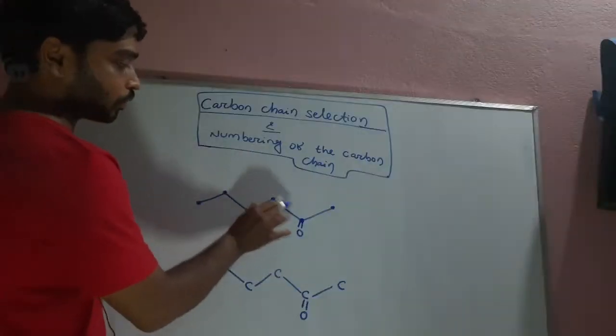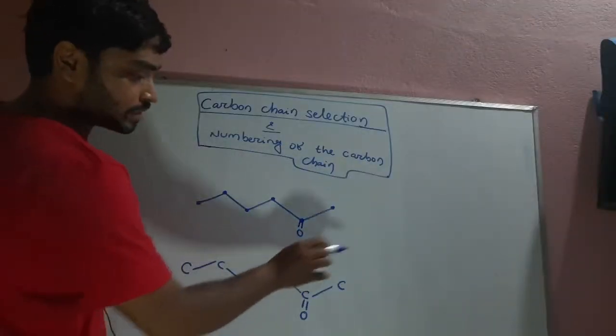That means we can express and tally the carbons 1 2 3 4 5 6.